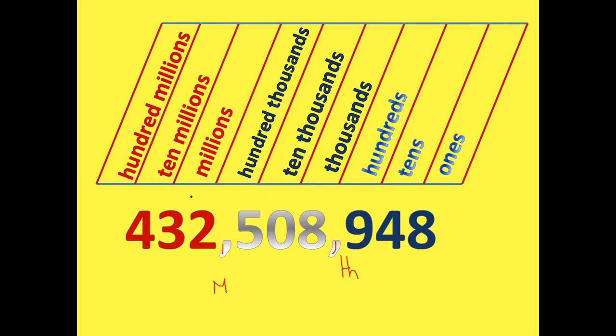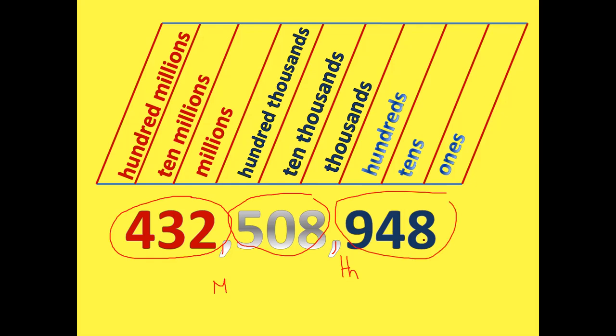Start from the left side. Read the numbers before the comma. How do we read them? 432. Then this comma we name it million, so we have to say million. Now how do we read these three numbers? 508. This comma we name it thousand. Then how do we read these three numbers? 948.